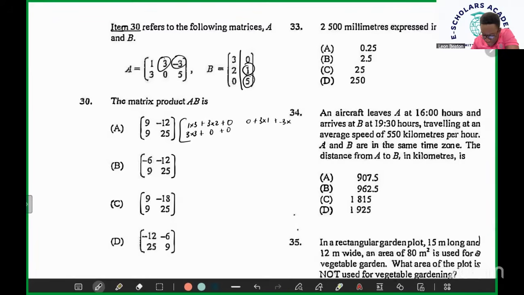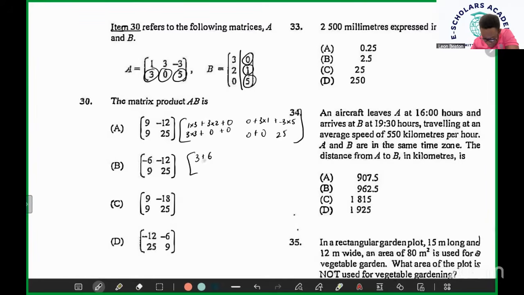And then we can finish off with the bottom piece: 3 times 0 is 0, plus 0 times 1 is 0, plus 5 times 5, which is 25. So let me work it out now: 1 times 3 is 3 plus 3 times 2 is 6.